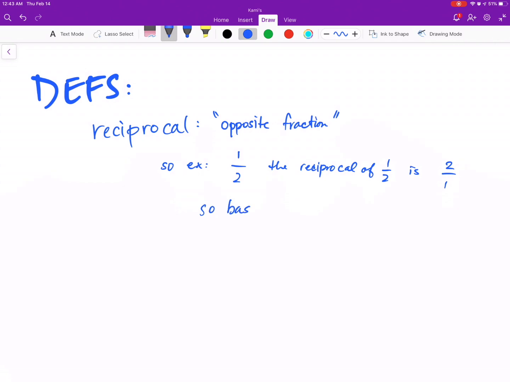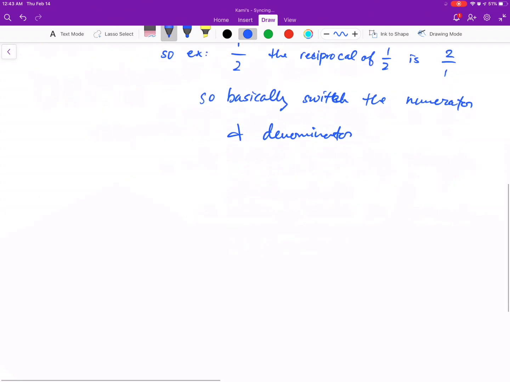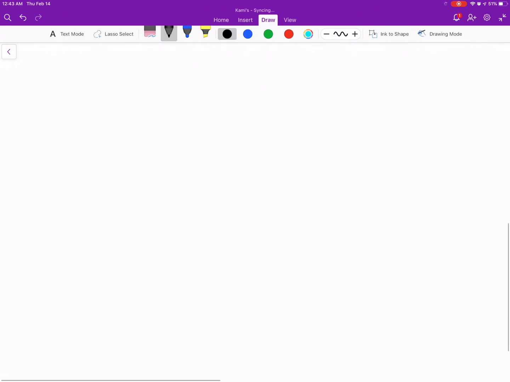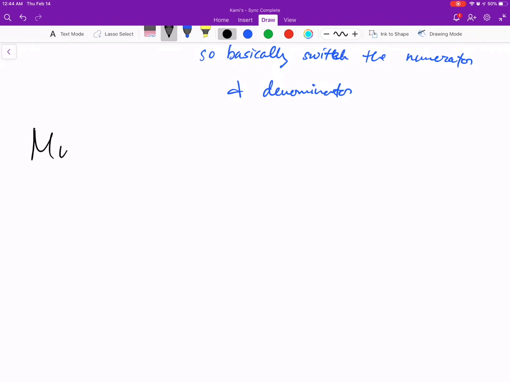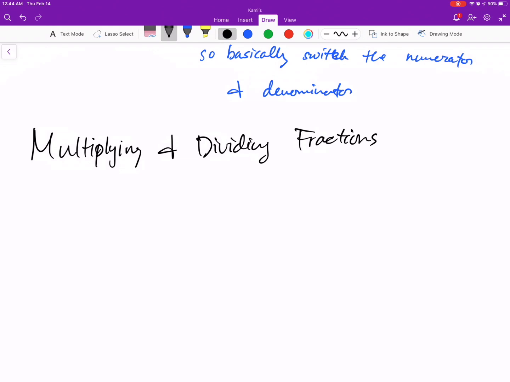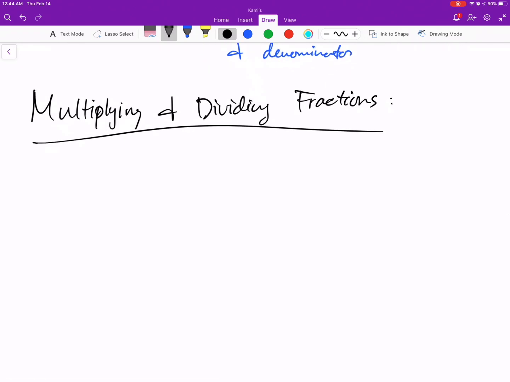So basically, switch the numerator and denominator. Alrighty, now we're going to talk about multiplying and dividing fractions. What we need to do is know how to multiply and divide.